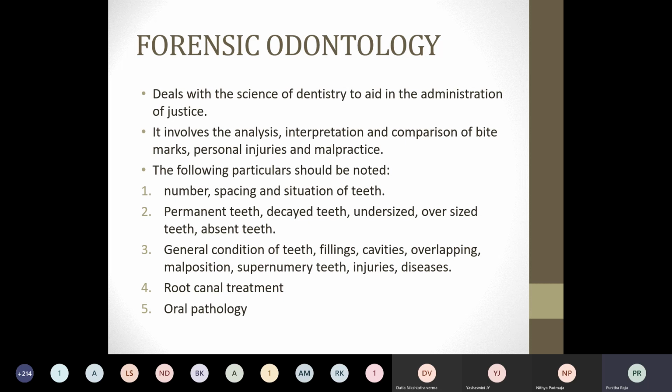Supernumerary teeth are extra teeth that are present. Also any injuries to the teeth or any disease, any root canal treatment that has been done, or any oral pathology. All this will help in identification of the person, so all these things have to be seen.